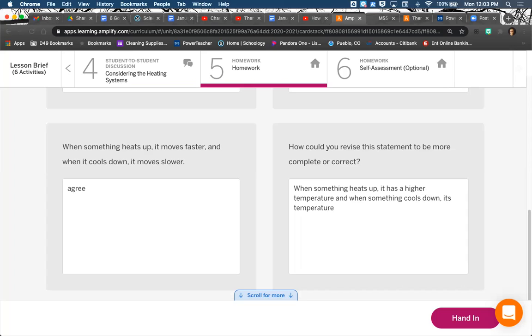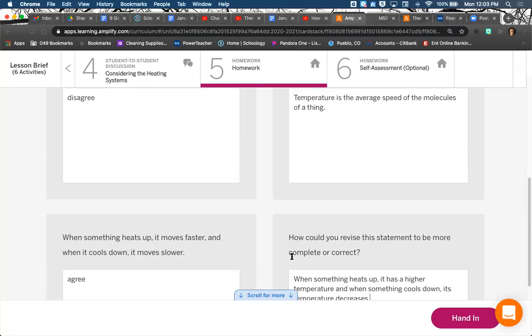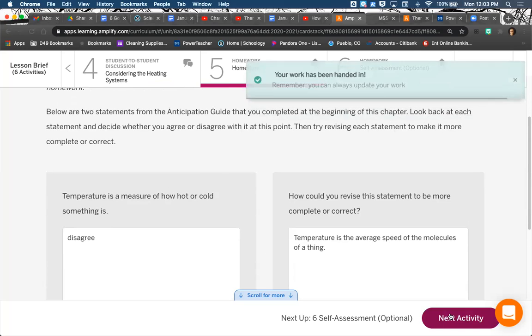Now you see why I take my time saying that word, because it helps me spell it. It's not temperature or temperature, it's temperature. There's an A in there. Its temperature decreases. I believe this is it. Yes. So we will hand in.